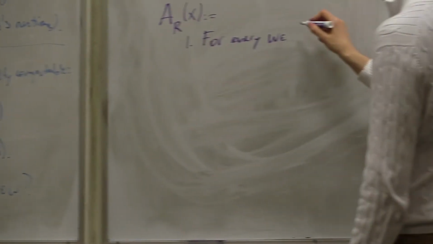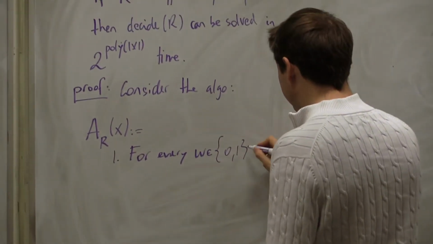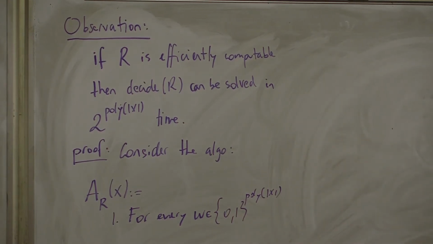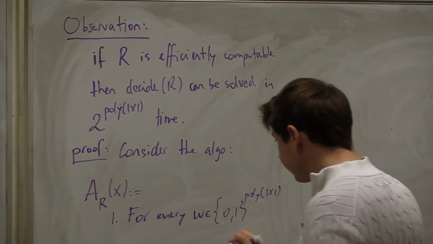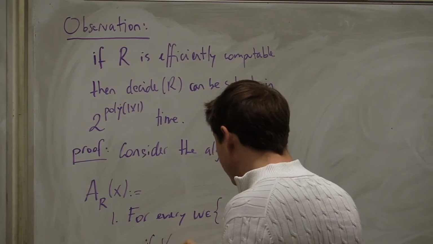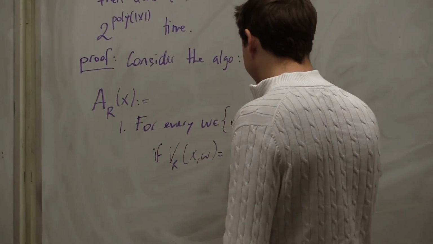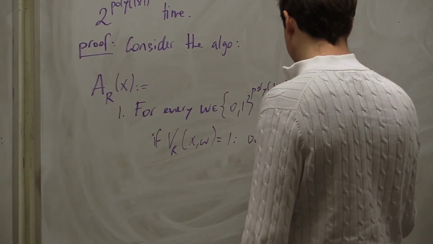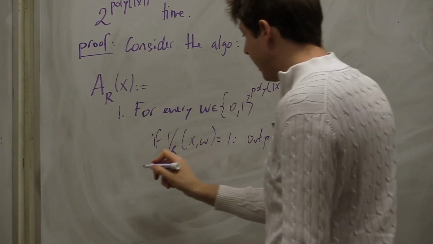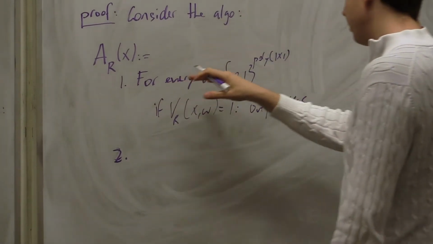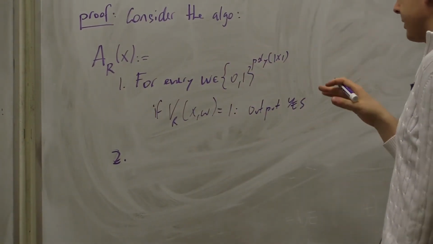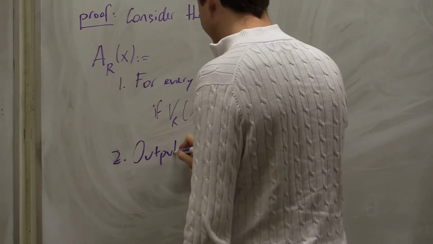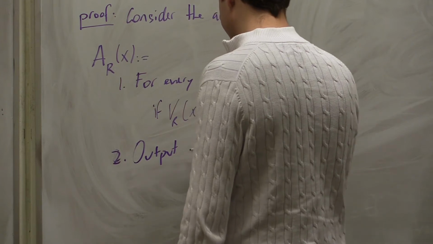So it suffices to consider all possible polynomially sized candidate witnesses, and we check for each one whether it is a good witness. If so, we output yes. Otherwise, if we tried all of the witnesses and none worked, we output no, meaning that no valid witness exists.